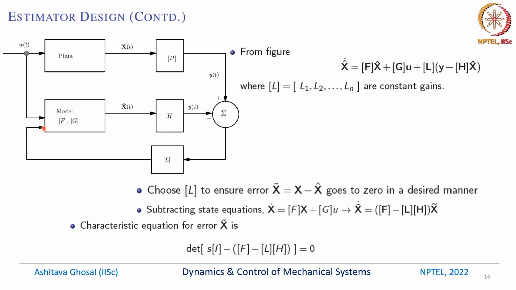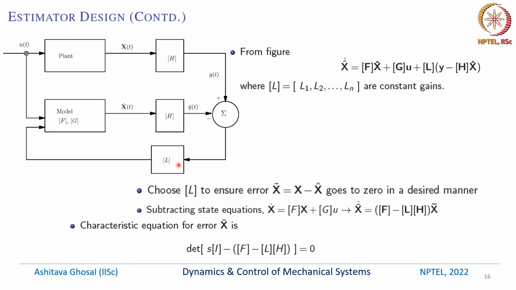The same u can be sent to a model which is f and g, and we get an output which is x hat, and then x hat into h is y hat. We can find the difference between y and y hat, and then this error is sent back into the model through this block containing L. This L is called the estimator gain.